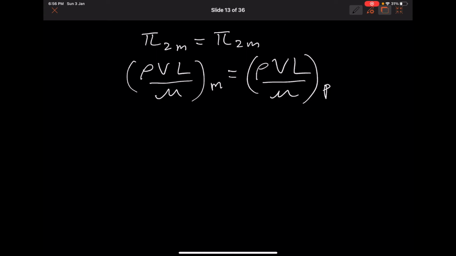Or we can use air, meaning that we test the model in air, while we use a larger model to balance out the smaller density in order to achieve the same Reynolds number as the prototype. So the type of fluid used is irrelevant. It can be liquid or air or other gas.